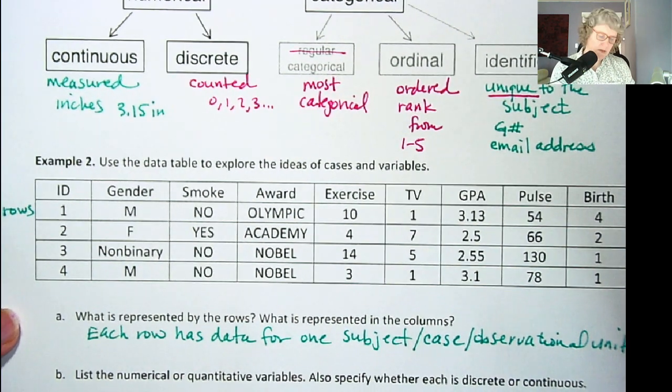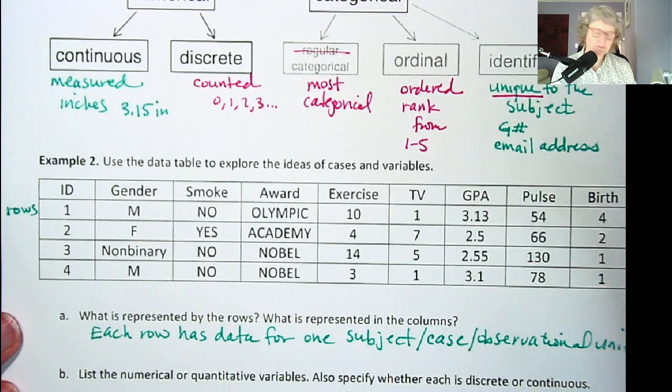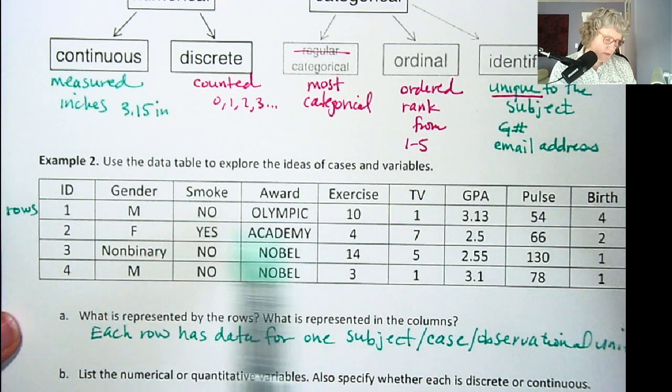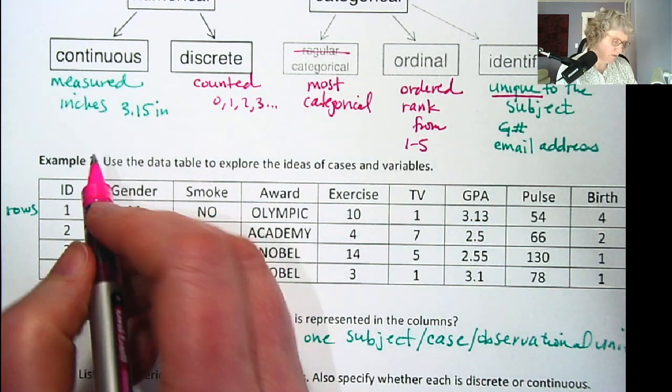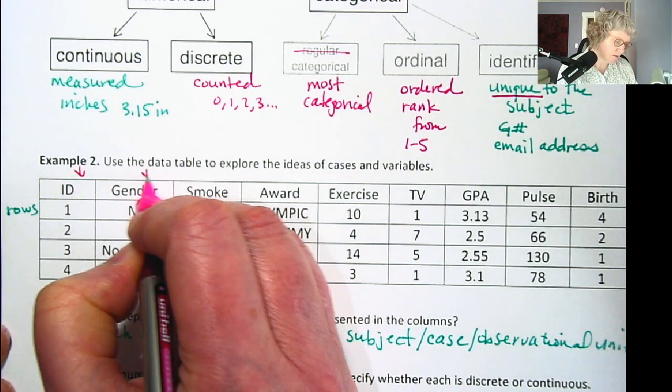Sometimes that seems a little dehumanizing if it's a human, so subject might be the best if we're talking about people. So each row is one subject and has all the information about them. And then what is represented in the columns? So these are the columns.